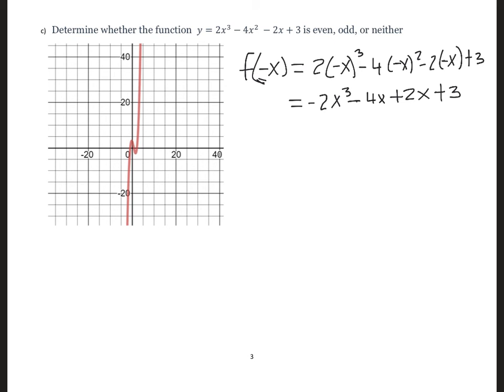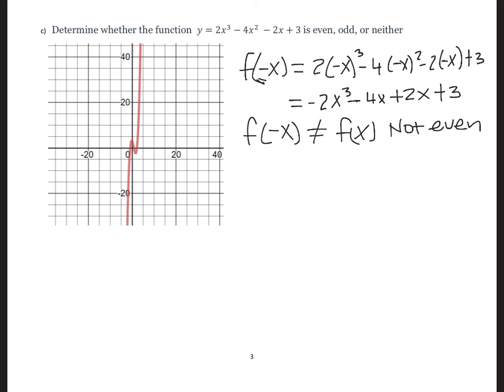And I see this doesn't look like what I have there, so I can say f of negative x is not the same as f of x. So I know it's not even. So here, not even. I know that for sure from that.